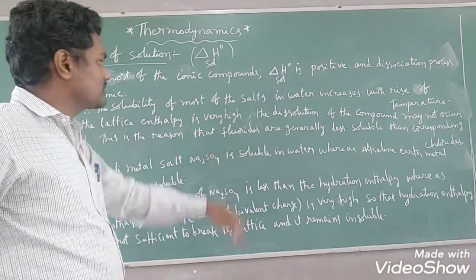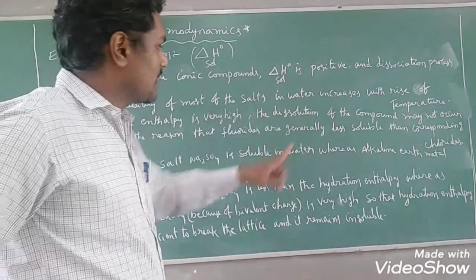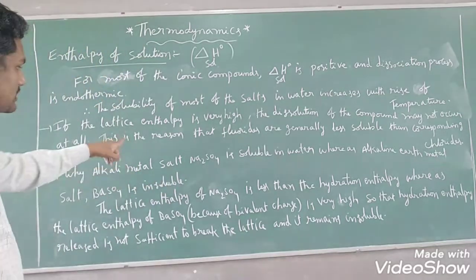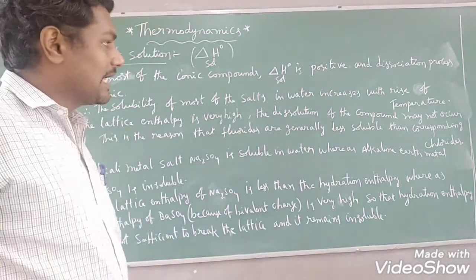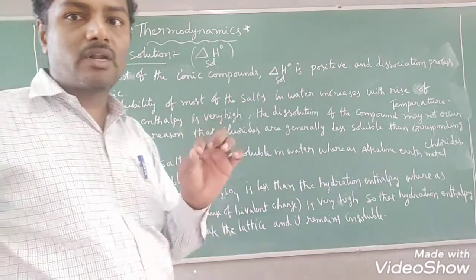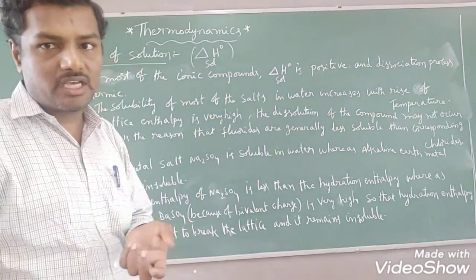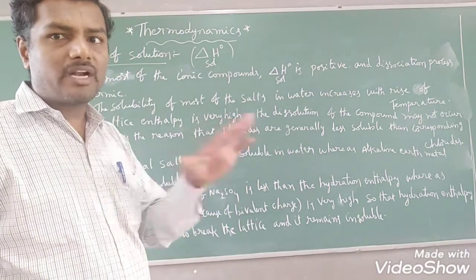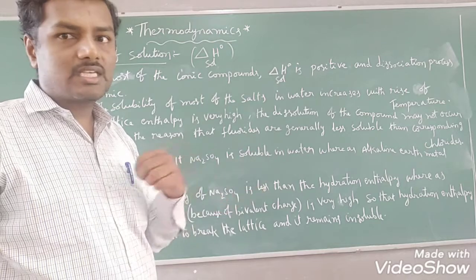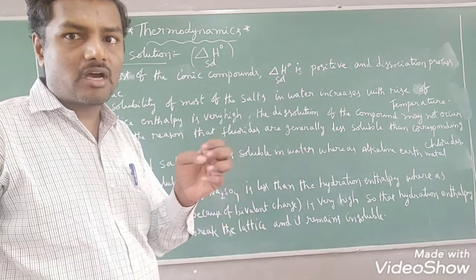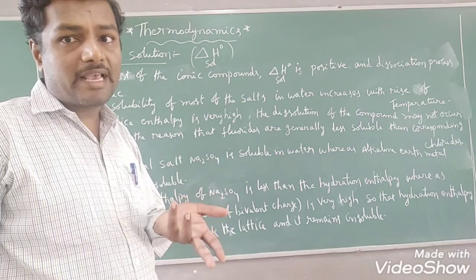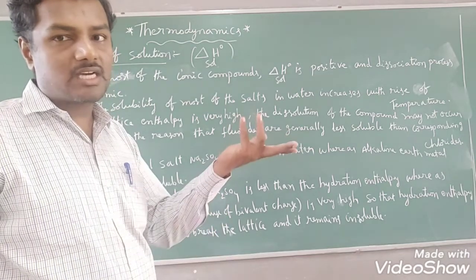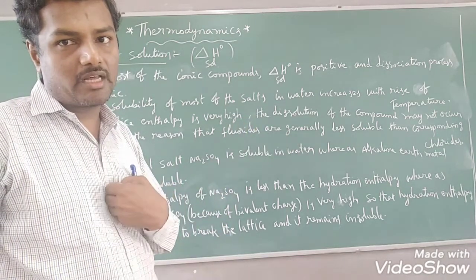If the lattice enthalpy is very high, the dissolution of the compound may not occur at all. This is the reason that fluorides are generally less soluble than the corresponding chlorides, because fluorine is more electronegative in nature. It can easily be bound by other ions with strong electrostatic forces. Because of that, we cannot break the bond between the positively charged ion and the negatively charged fluoride, right?